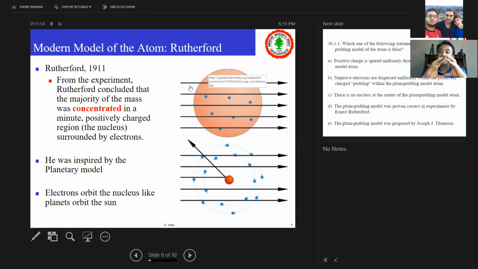Instead of having these protons distributed almost uniformly inside the sphere, now I am obliged to have these protons put in a very tiny space around the electrons, such that when it comes, it hits the nucleus of the gold foil.